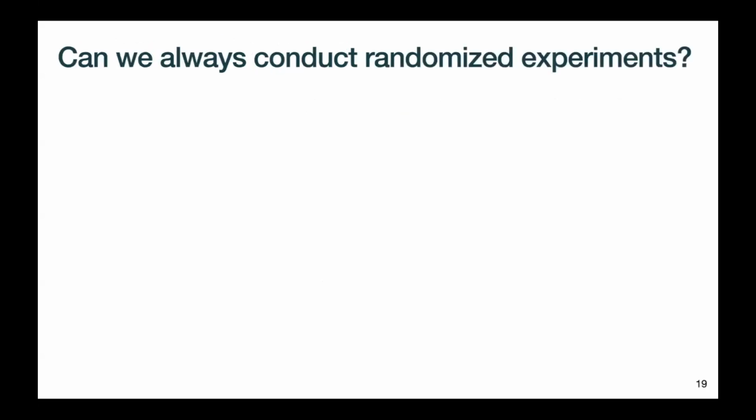But can we always conduct randomized control trials? What do you think? What can happen? We saw an example last lecture about cell phones and cancer. Can you randomize the treatment in this situation? What's the treatment here?